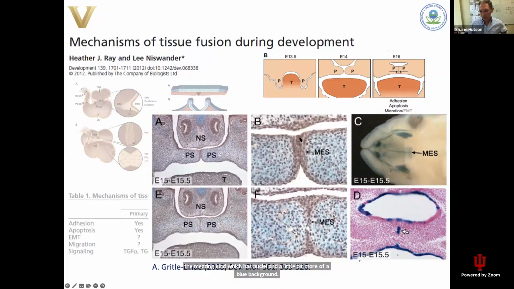And so when the two shelves first meet, you've got all this epithelium caught between them, and that has to move away. Some migration takes place. You get these sort of triangles at the top, and some of it gets left behind. You can see this blue stain in D there in the bottom, some cells that are left behind and have to apoptose or undergo EMT to get out of the way in the end.